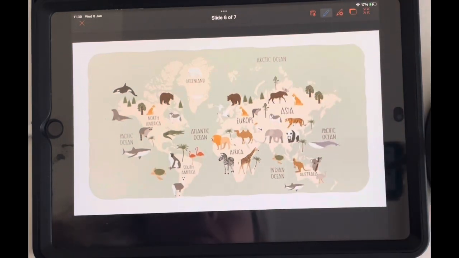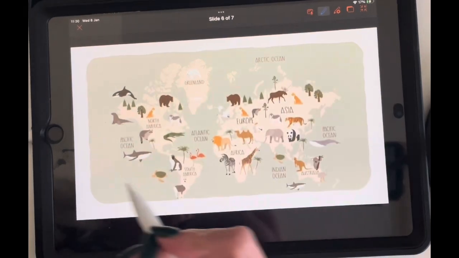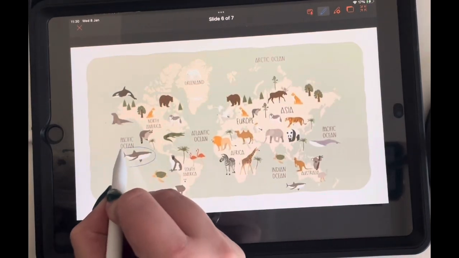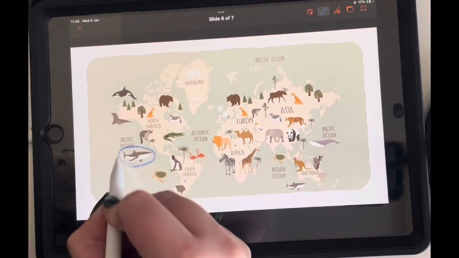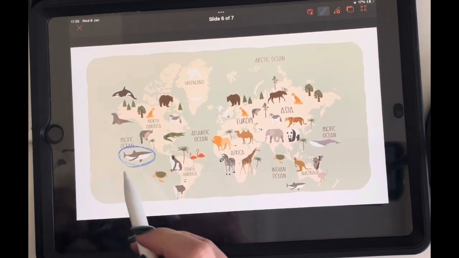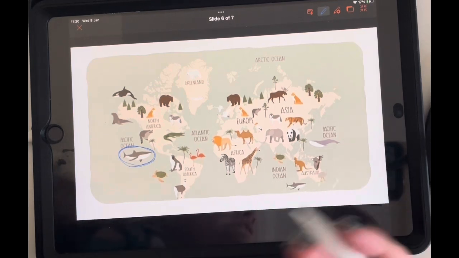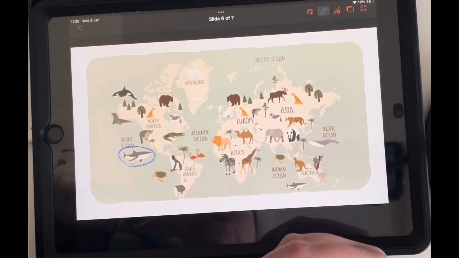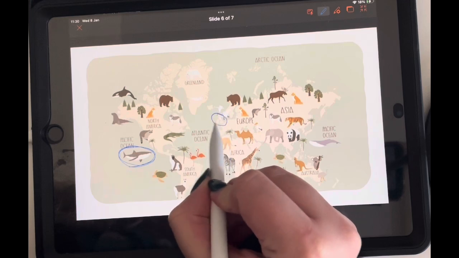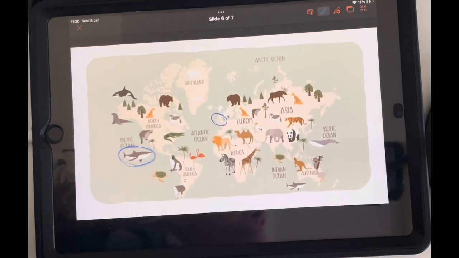So, for example, we've got here, this animal here is a whale, and it says the whale lives in the Pacific Ocean. Why does the whale not live in our country? Our country's here. Why does it not live in the country? Well, because the whale needs to live in the ocean. And that is a good ocean for the whale with the temperature and where it is.